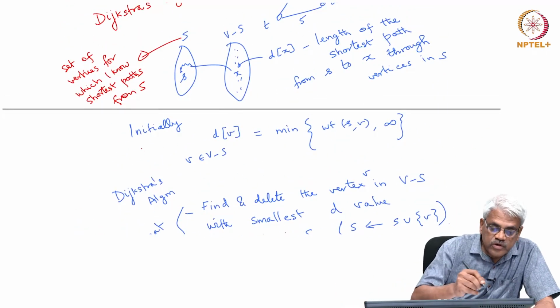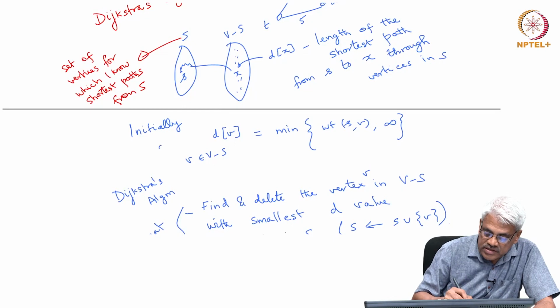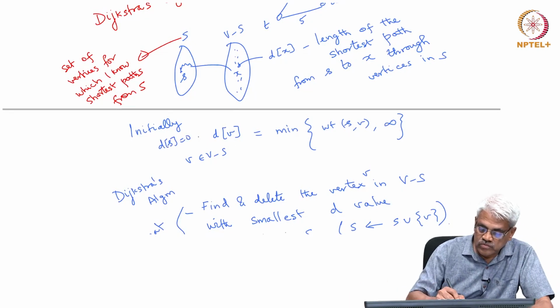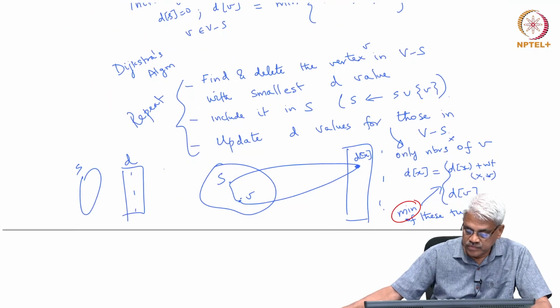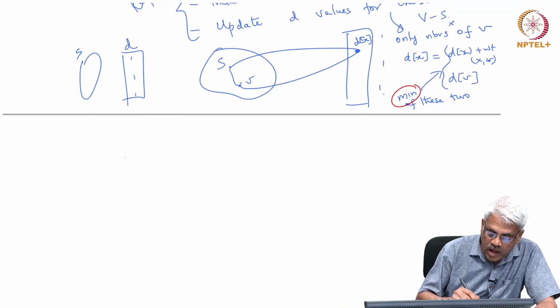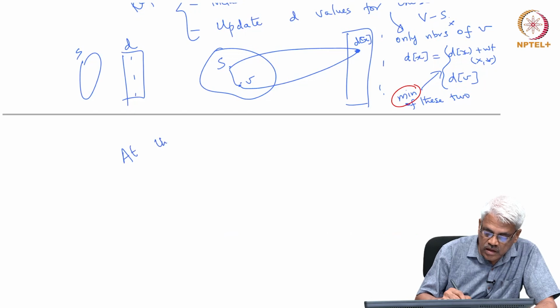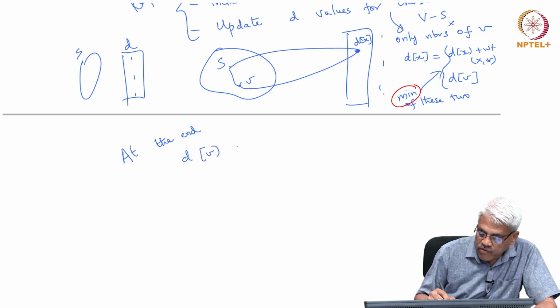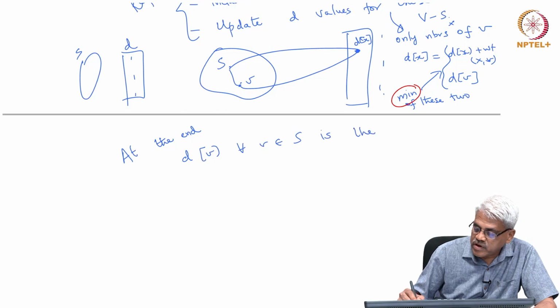Initially, I am also going to say dS is 0, obviously. At the end, dv for all v in S is the length of the shortest path.